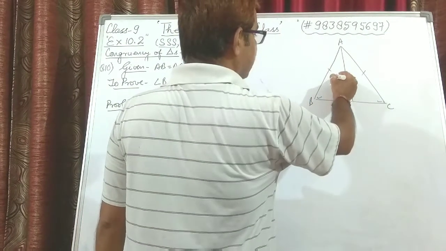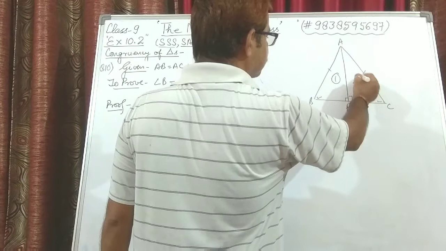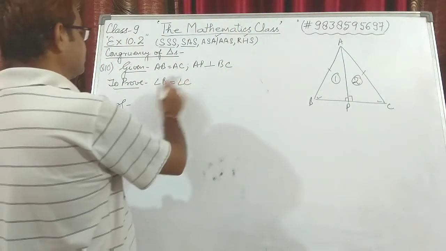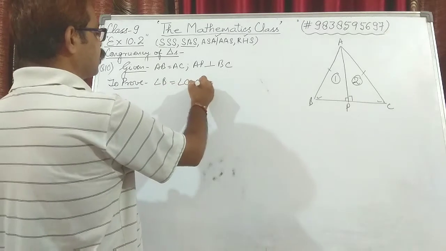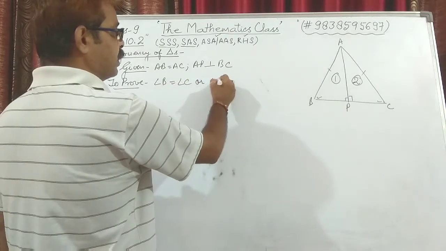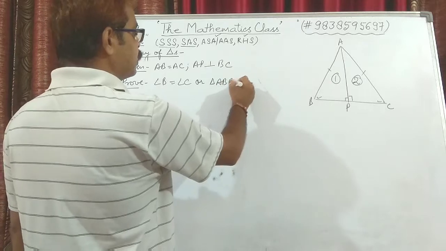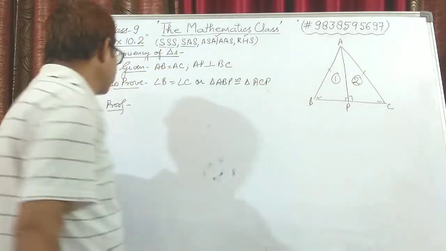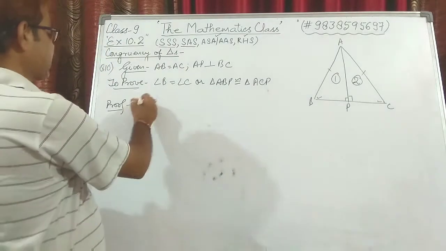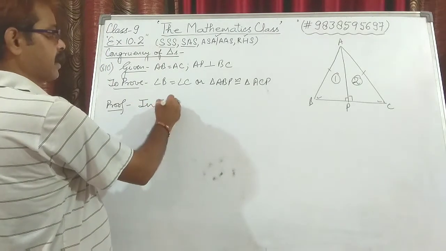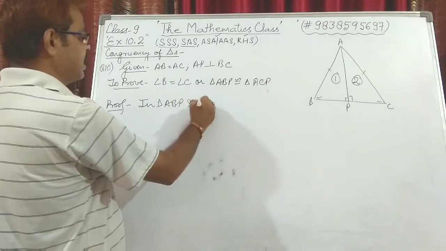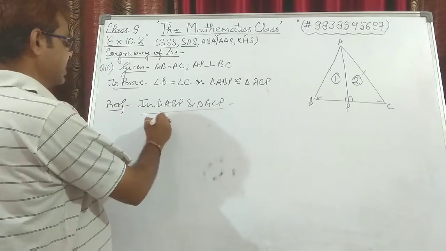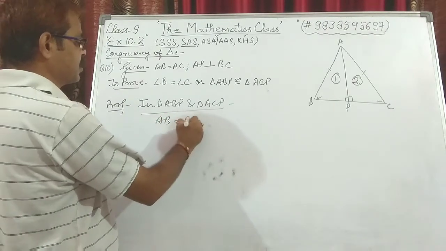For this we need to prove that triangle ABP is congruent to triangle ACP. Now which triangles are we considering? In triangle ABP and triangle ACP, what do we have? First thing, it is given AB is equal to AC.